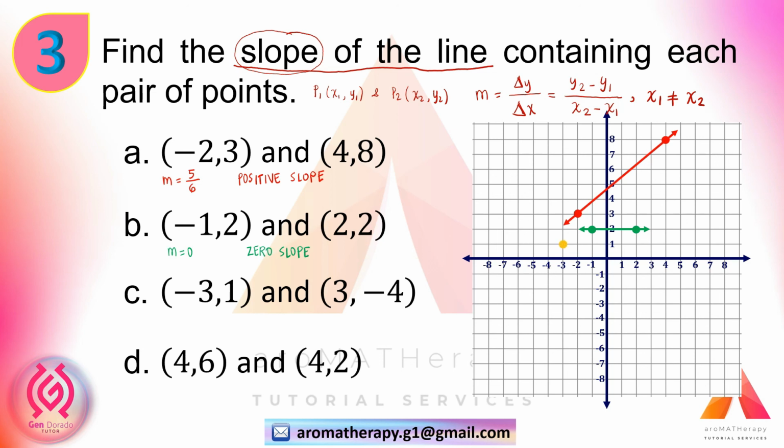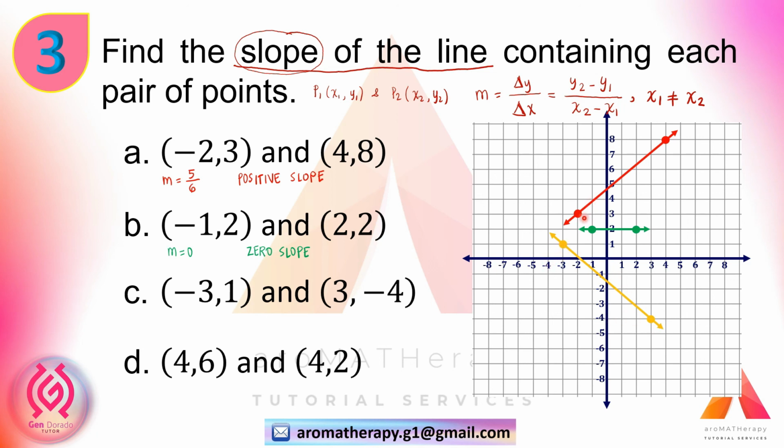For letter C, we have here (-3, 1), which is located at quadrant 2, and (3, -4), located at quadrant 4. So you connect. As you may notice, the line falls from left to right.